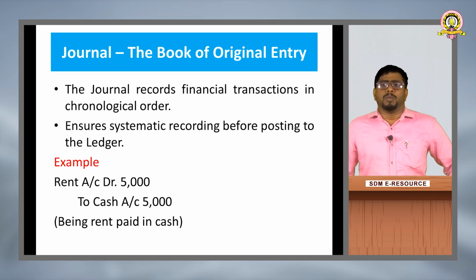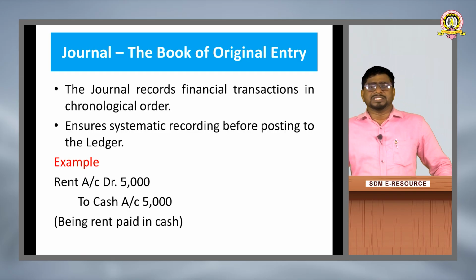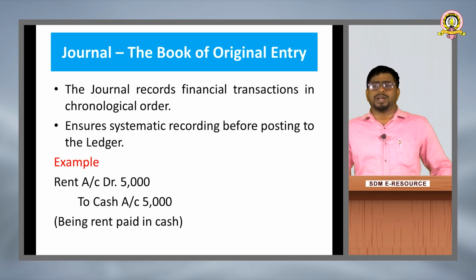Under primary books, journal and ledger will come. The journal is also called the book of original entry. Here, the journal records financial transactions in chronological, systematic order. The journal ensures systematic recording before posting into the ledger.